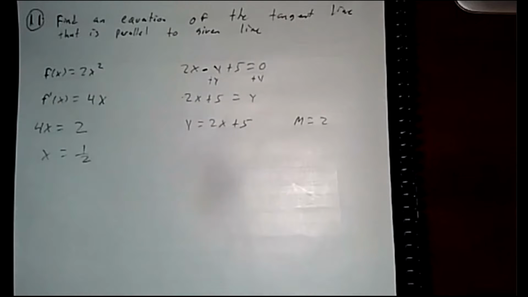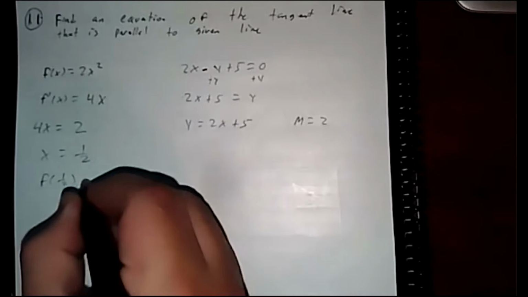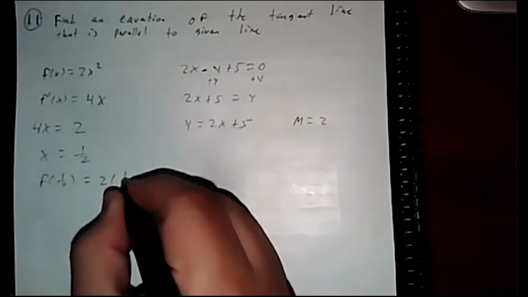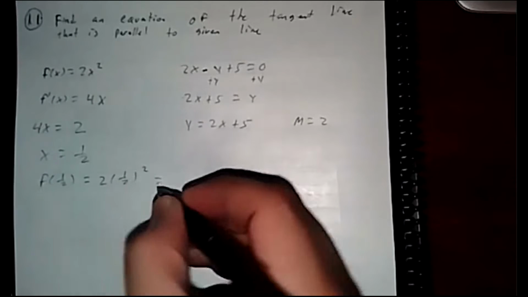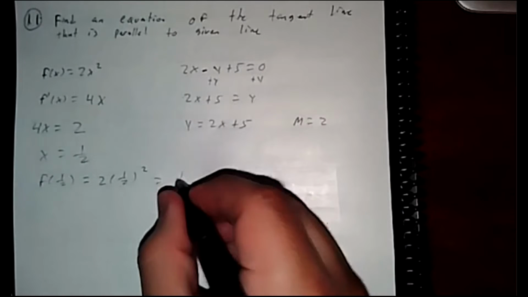So we have the x value, plug that into the function. f of 1/2 would give me the y value. So 2 times 1/2 squared would be what? 1/4 times 2. So half again?